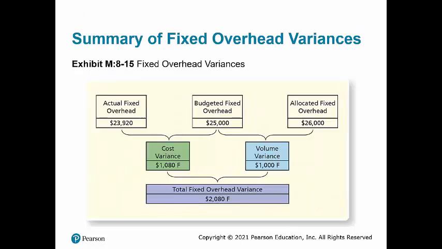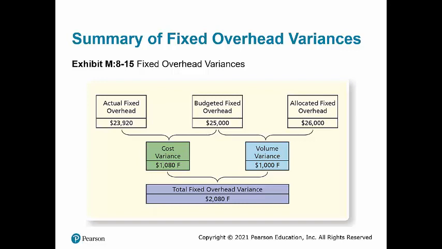This exhibit summarizes the fixed overhead variances. To manage Cheerful Colors' fixed overhead costs, we need to get a little more insight. Cheerful Colors incurred $1,080 less than anticipated in fixed overhead costs for a favorable cost variance. Workers made 52,000 batches of crayons, which was 2,000 batches more than budgeted and resulted in a $1,000 favorable volume variance.